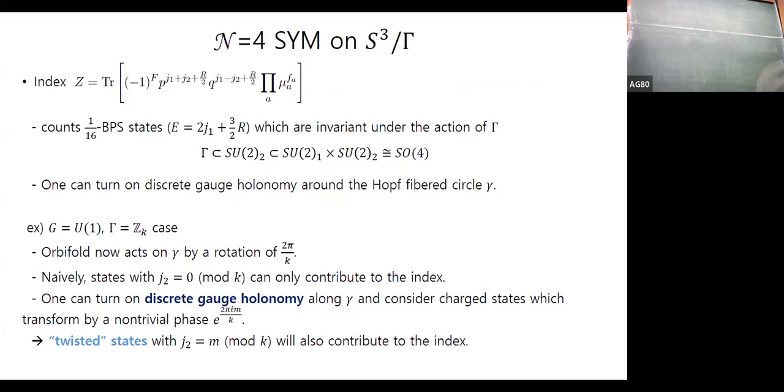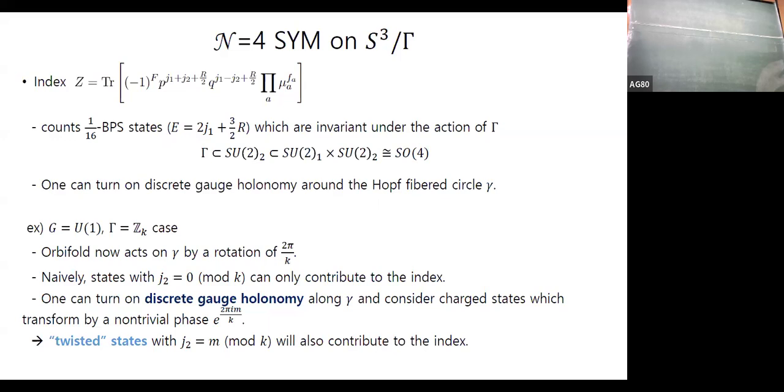Sorry, just to understand this action in terms of the complex coordinates Z1 and Z2: Z1 is rotating with a 2π over k phase, and Z2 is rotating with the minus of that? Essentially the same, that would not be in any SU(2); it would be one of the two.